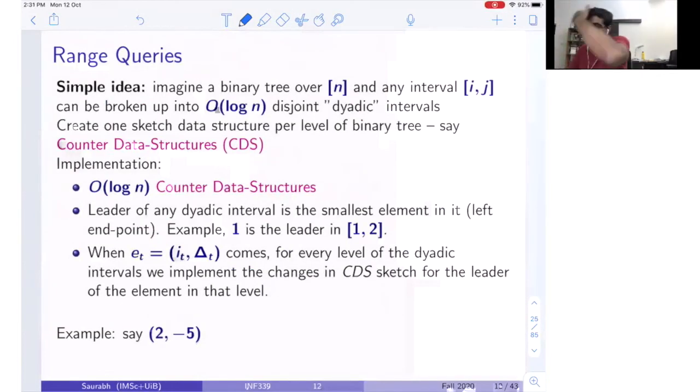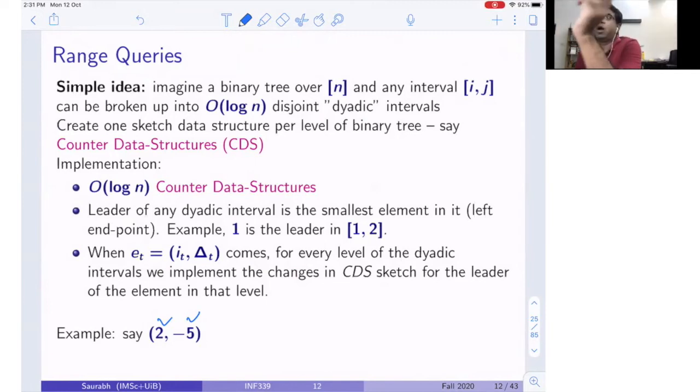So this is how we are going to implement this algorithm. This is what I wanted to explain to you, what happens at each level of the data structure. So suppose you had (2, -5). The second coordinate needs to be changed at all levels: bottom level, second level, third level. So think of it this way: at the second level, 1, 2 is treated as the same object.